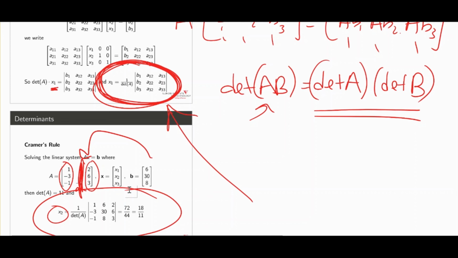But remember, there's a restriction: this only works for square matrices. If you have non-square matrices, there's no Cramer's rule. Your row reduction method still works, though. So row reduction is actually the best ever, but if you want formulas and your matrices are square, you can do it with Cramer's rule.